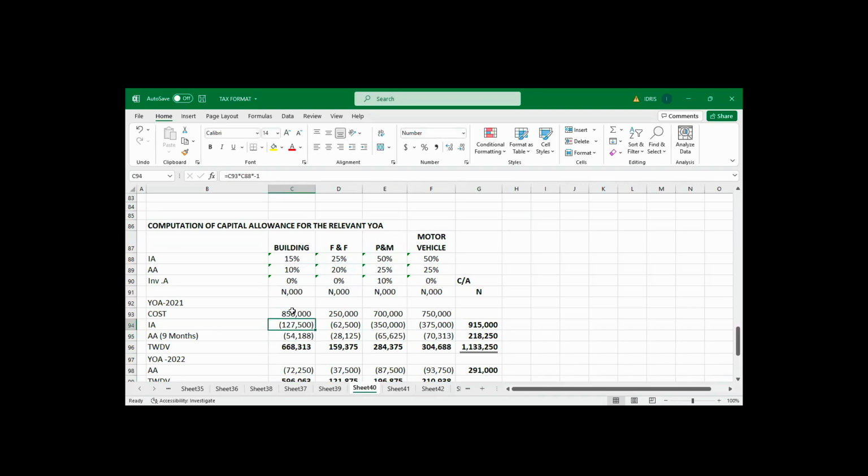The cost is 850. So 15% of the cost is going to give you 127,500.